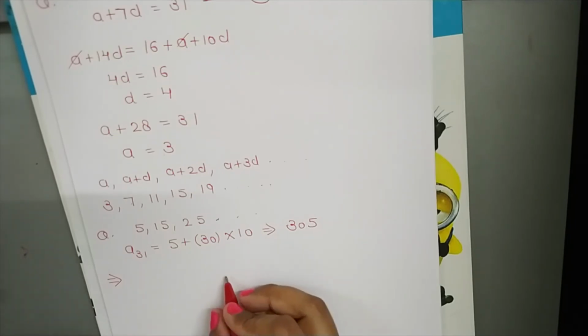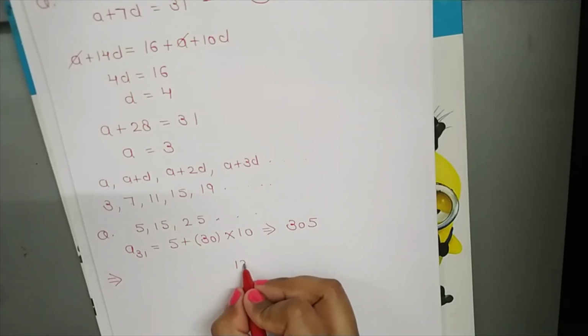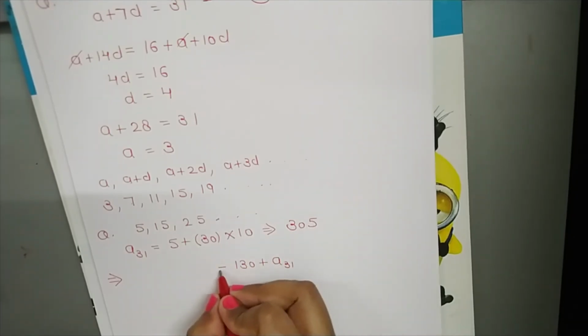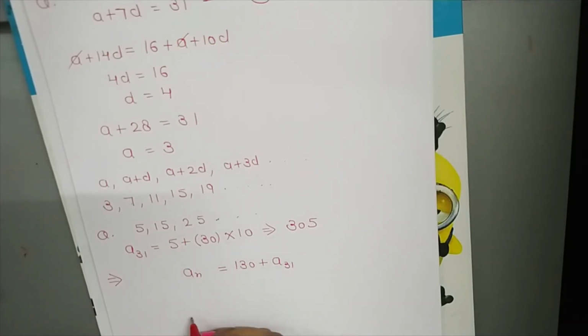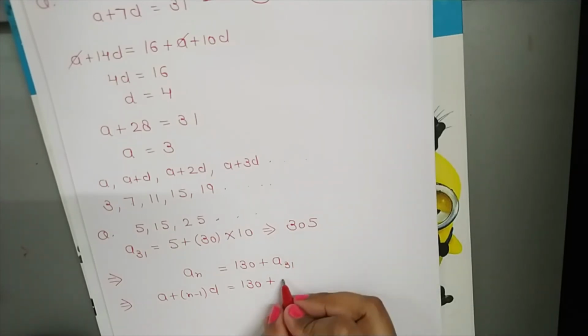Now 130 more, it means we have to add 130 more. So an is equal to a plus n minus 1 d, which is equal to 130 plus 305.